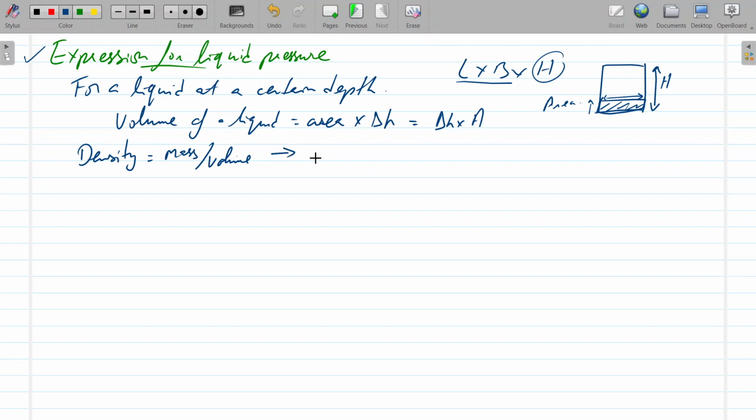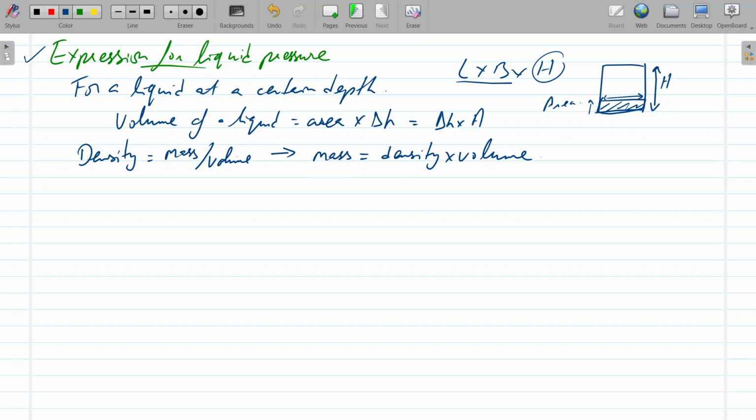And that would mean mass equals density multiplied by volume. Yes? Are you following along? Okay.